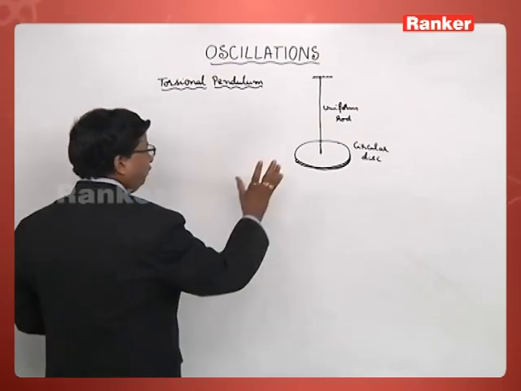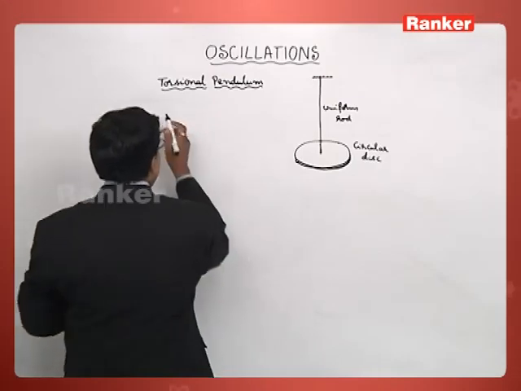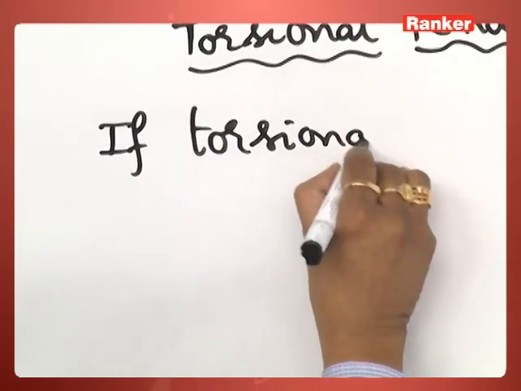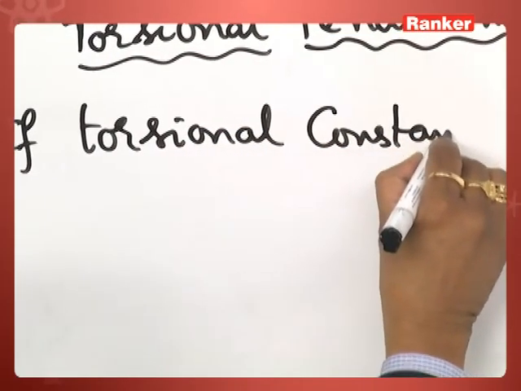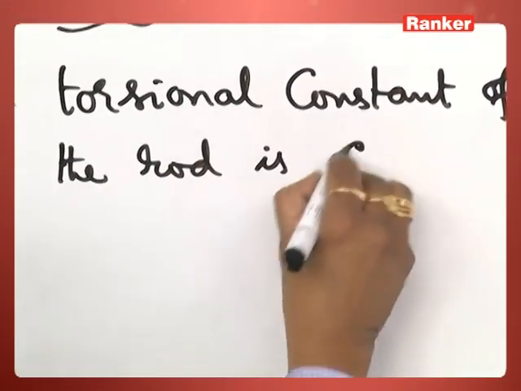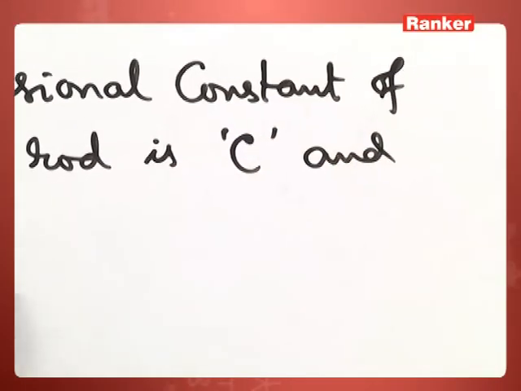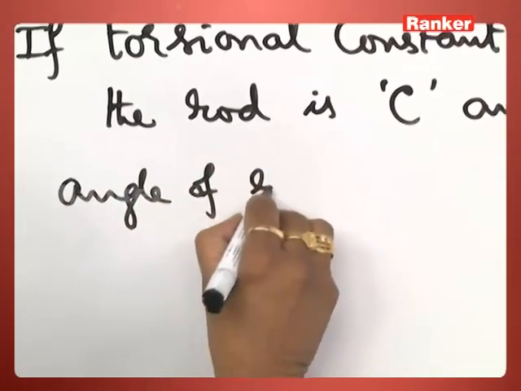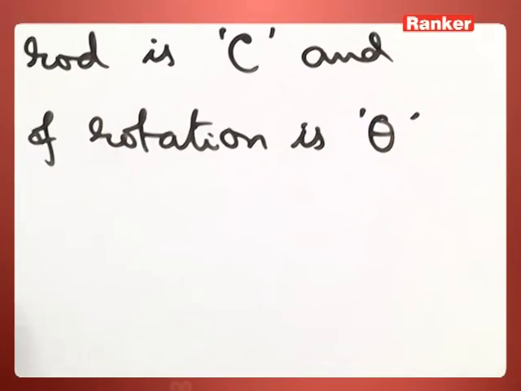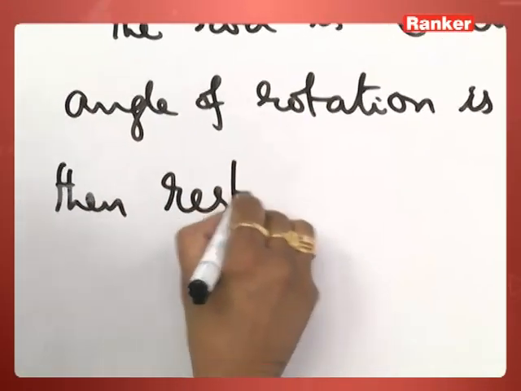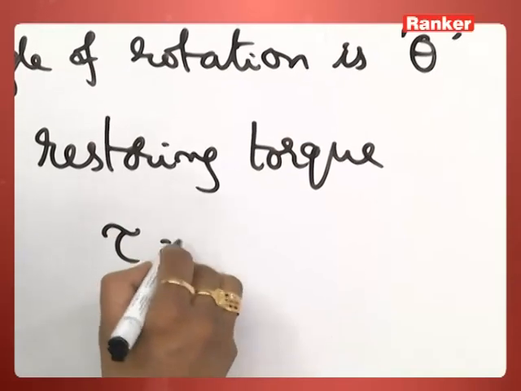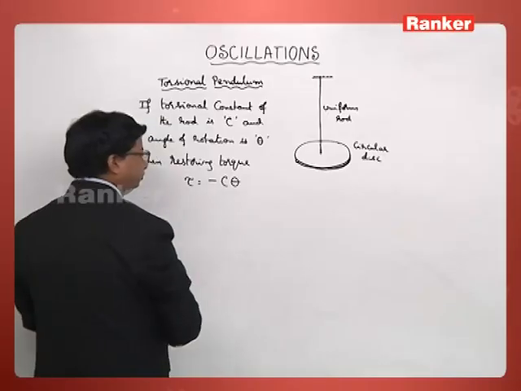So for that, when it is rotating and released like that, if I consider the torsional constant of the rod as C and the angle of rotation as theta, then we can directly write the restoring torque tau as minus C theta.